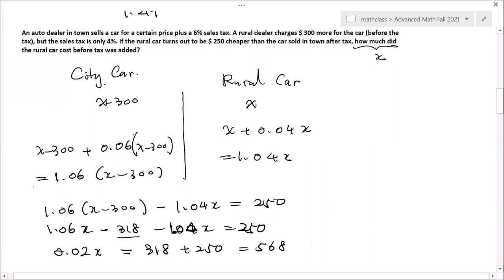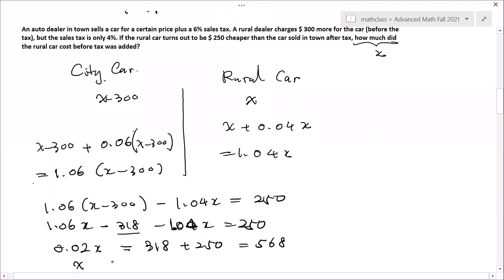So from here, you divide 568 by 0.02, and let's use a calculator. 568 divided by 0.02 is going to be 28,400. Yeah, this is a pretty reasonable price.